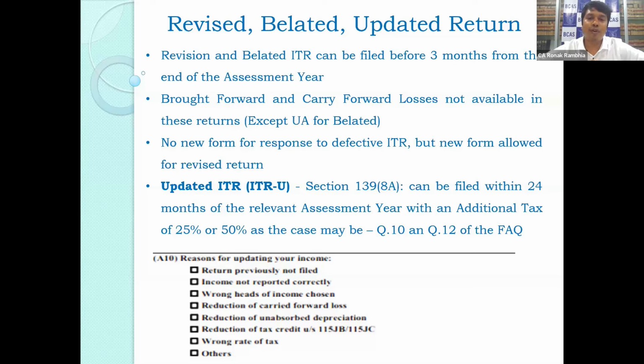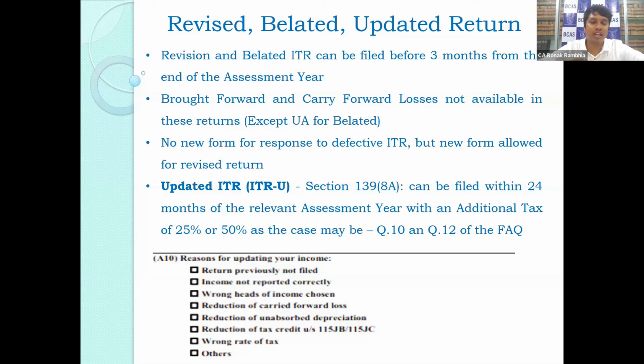Brought forward and carry forward losses are not available in these returns, except unabsorbed depreciation, which is allowed for a belated return. Here also you cannot file a new form in response to a defective ITR, but a new form, as in the new ITR, is allowed for a revised return.